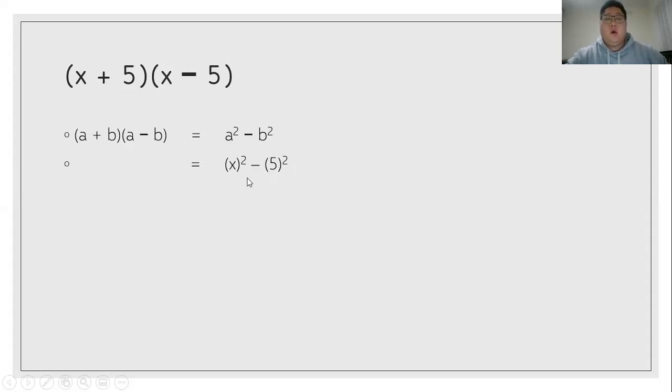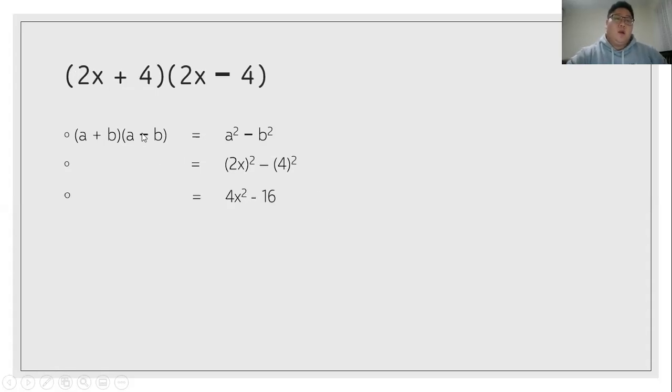So if you want to open the bracket, going back to our index laws, if it's x to the power 2, it is x times x, which gives us x squared. Our negative stays here, and 5 squared means 5 times 5, which is 25. Okay, so expanding that, instead of doing it all the long way, we can apply that rule and do it in 2 steps.